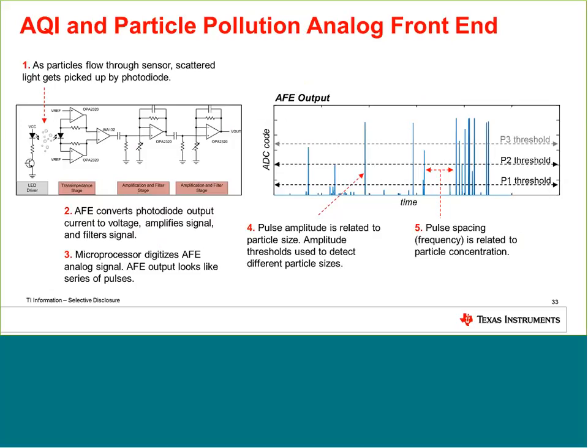Once the voltage goes to the A to D converter, on the right side you can see what is happening. We can see these spikes in ADC code over time.